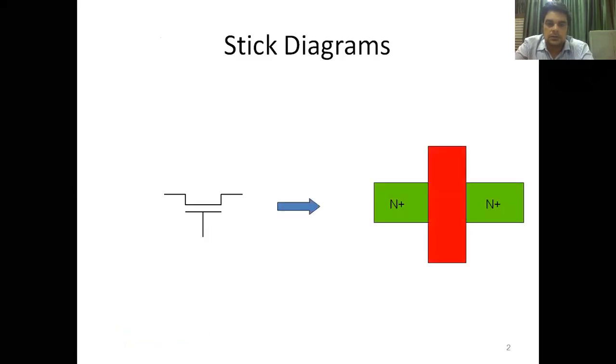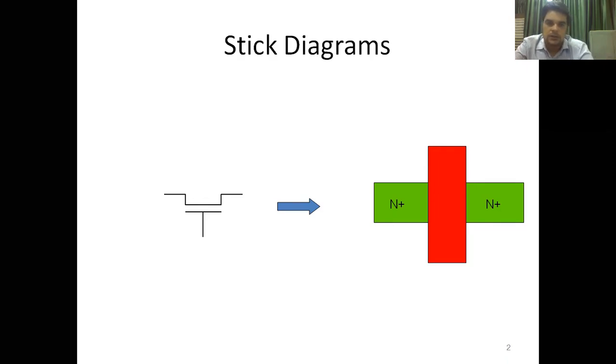So this is the structure of a NMOS transistor. Here on the right hand side we can see the layout of this NMOS transistor. These red lines represent the polysilicon lines, and this green line represents the diffusion lines.